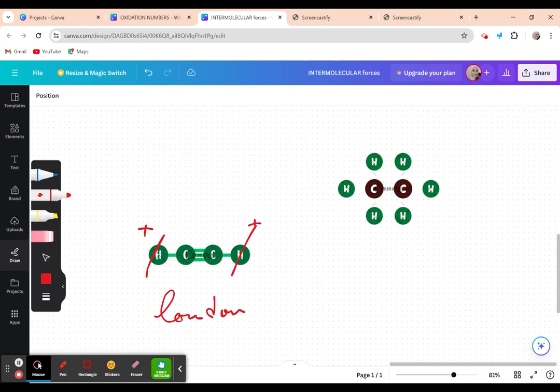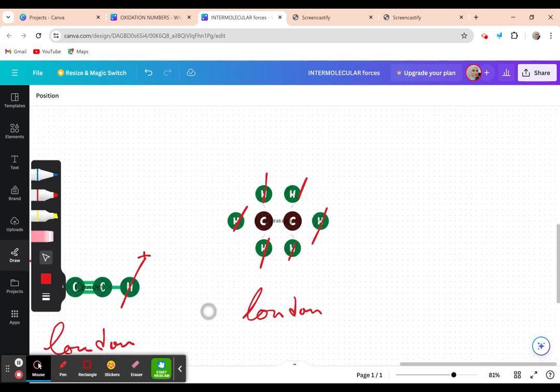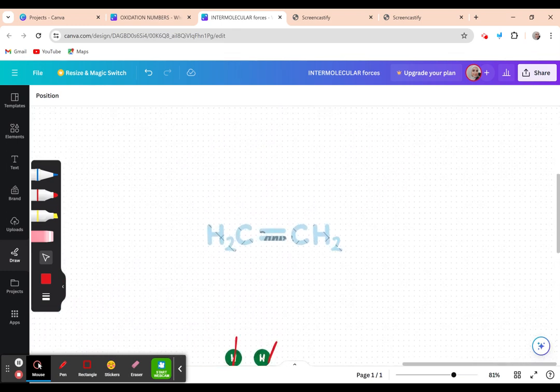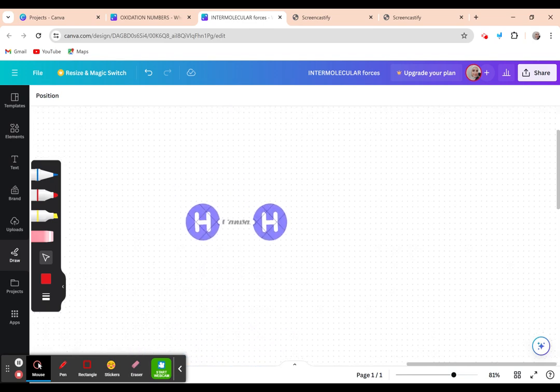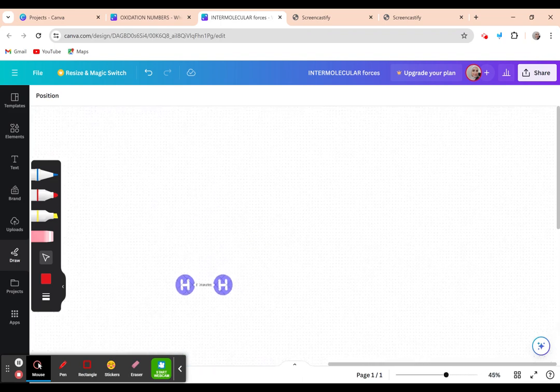Each hydrogen has another hydrogen on the opposite side, so they cancel out each other, so it is only London. If they cancel out each other, this means there is no dipole dipole, no difference in the charges. Same goes for He. Two hydrogens cancel out two hydrogens, and H2 is the same. There is no difference in the charges, so it is only London.